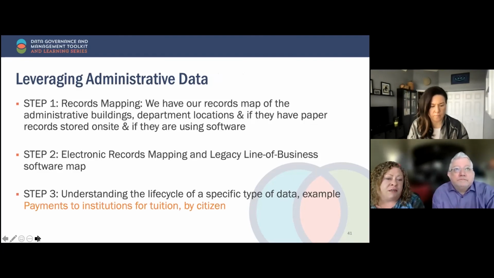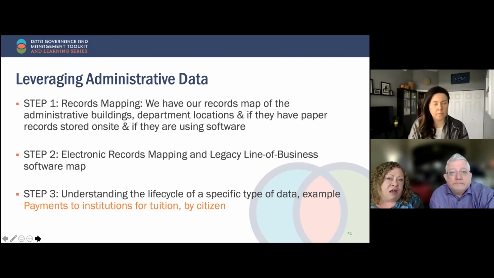And then where is my target years that I want to find viable graduates from? So it's important to understand the life cycle of specific data. For example, you may not have the original software that started collecting the data that you're looking for.